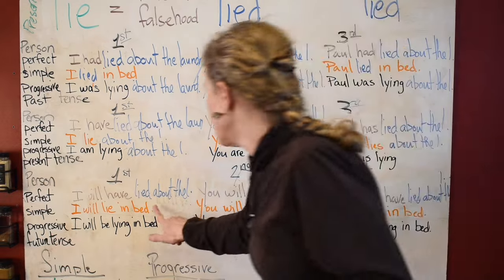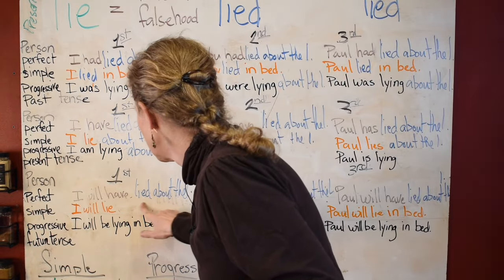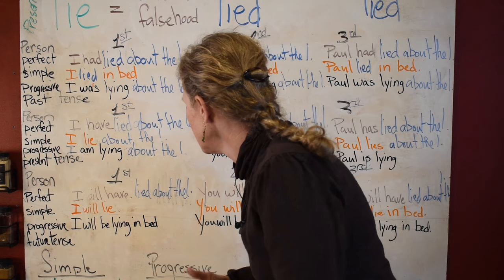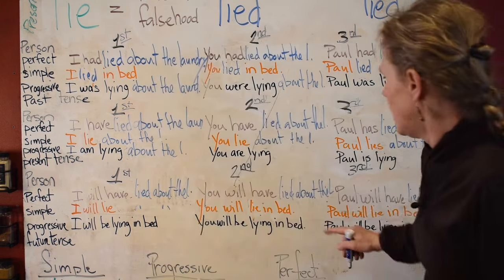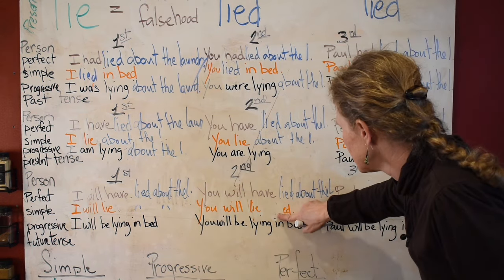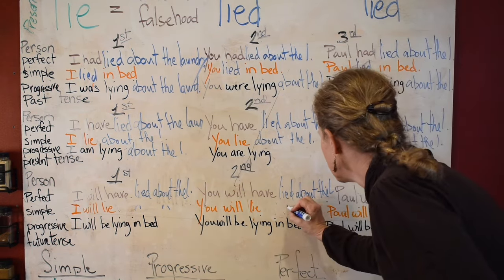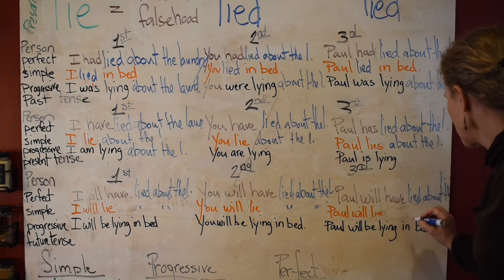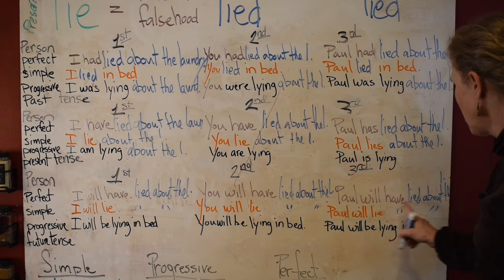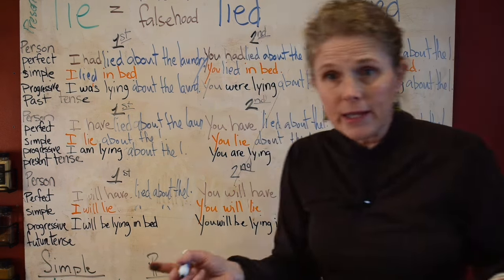Yeah, maybe. But you're going to go, I will lie about the laundry, right? You will lie about. Paul will lie about the laundry. So you're planning on lying that you did the laundry, right?